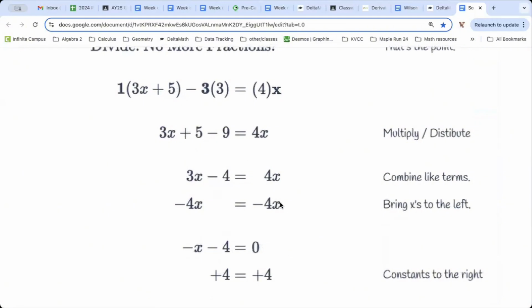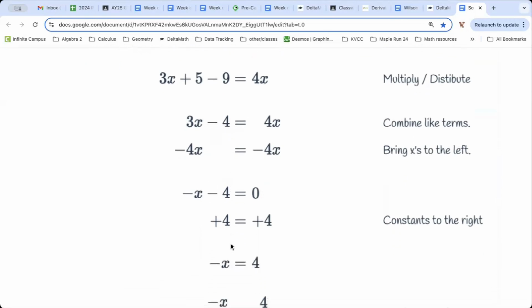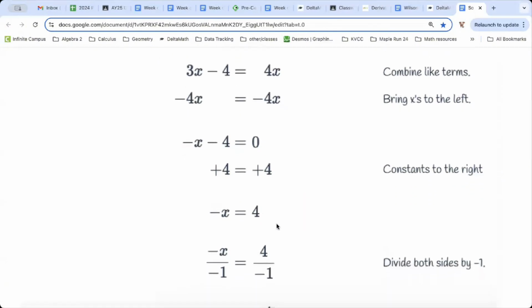You want all the x variables to one side. So subtract 4x from both sides. Just make sure you put the like terms together. Don't put this under the negative 4. And simplify. 3x minus 4x is negative x. Carry down that. Then add 4. Move the numbers to the other side.